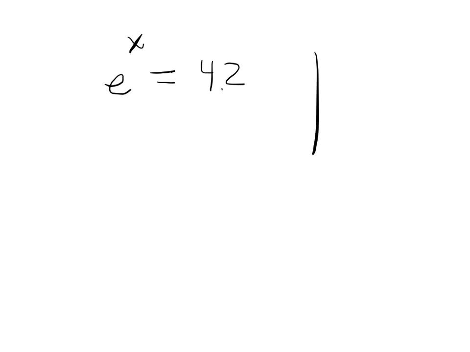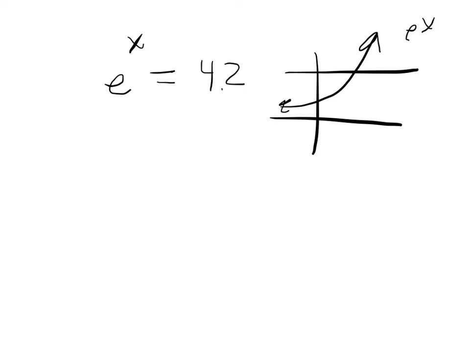I could do it, as I said, look at a graph of e to the x here, look at a graph of 42, find that intersection point. That x value will be found using your calculator and your graphing mode.